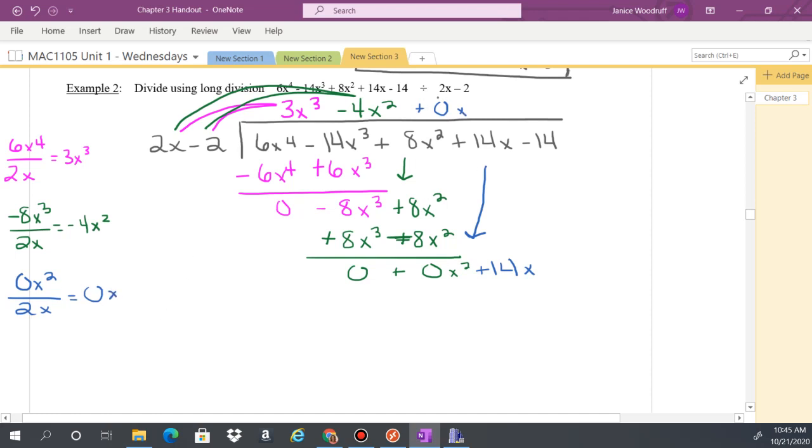Okay, then multiply. 0x times 2x is going to give me a 0x squared. 0x times negative 2 will give me a 0x. Change the signs. Okay, the 0x squareds will cancel. And 14x minus 0x stays as 14x.